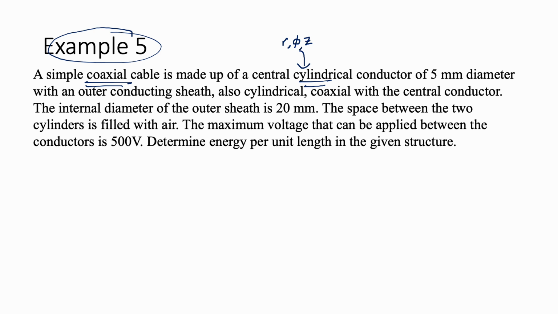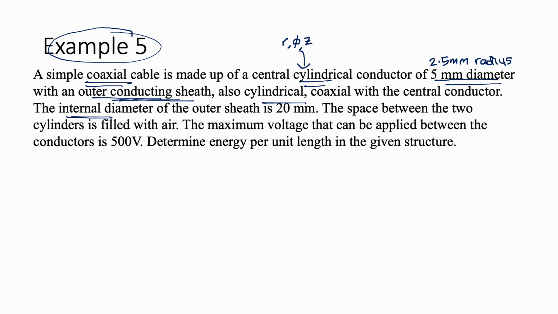The conductor of 5 mm diameter will be 2.5 mm in radius. It has an outer conducting sheath, which is also cylindrical and coaxial with the central conductor.